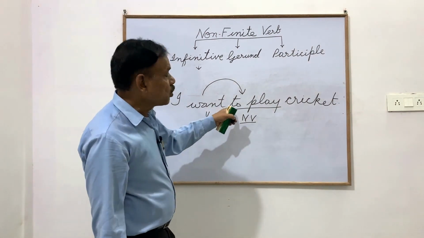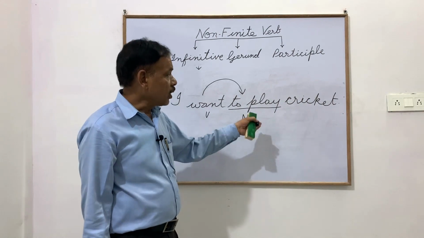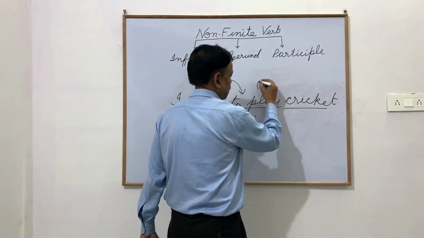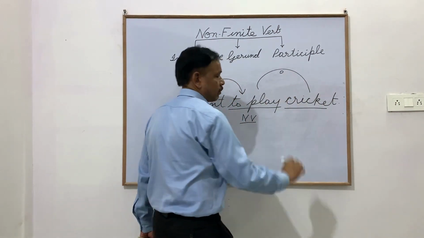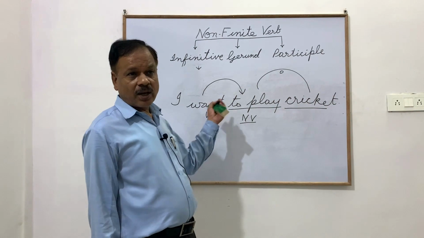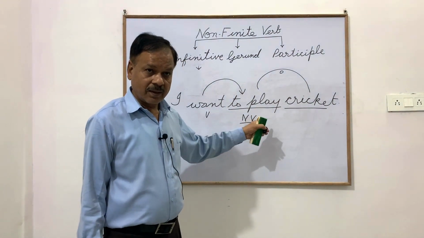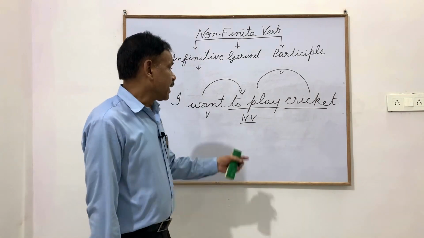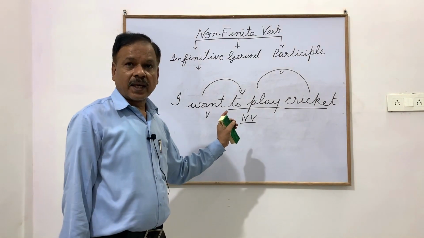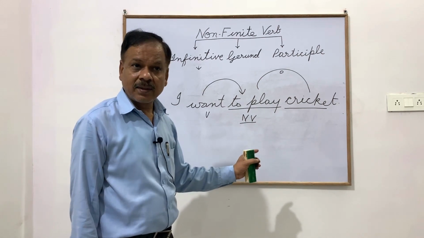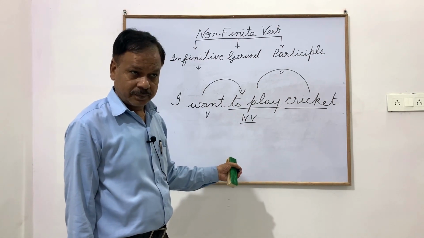Now, this to play infinitive also takes an object, cricket, object. So, when it takes an object, then it is functioning as a verb. So, in this place, it's functioning as a noun as well as a verb.